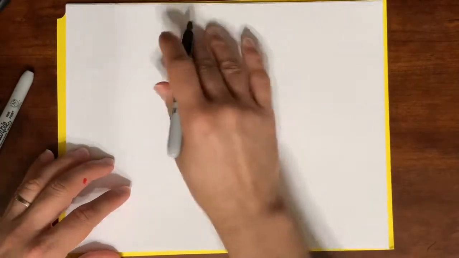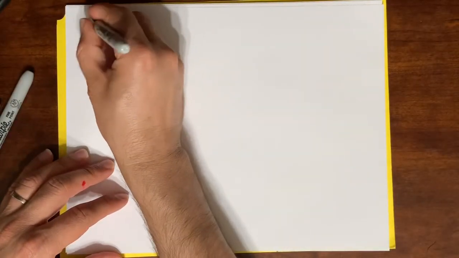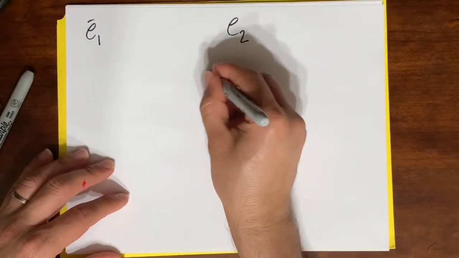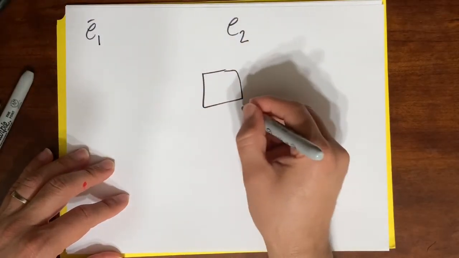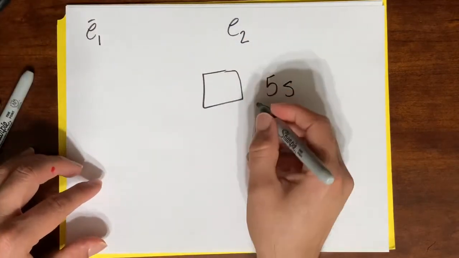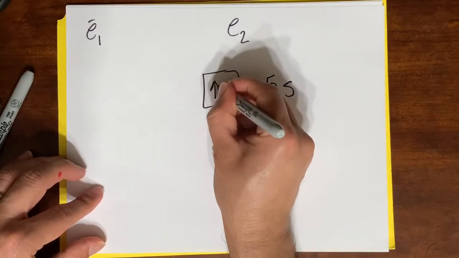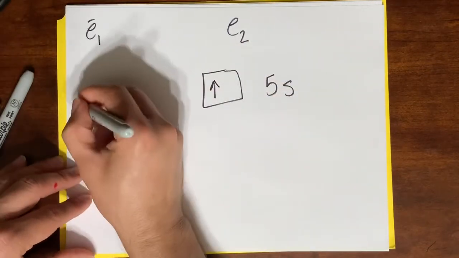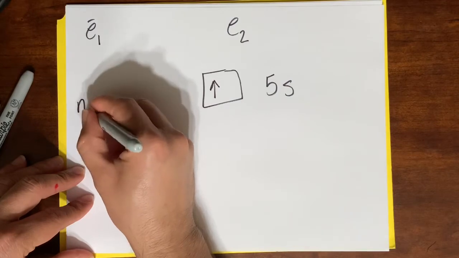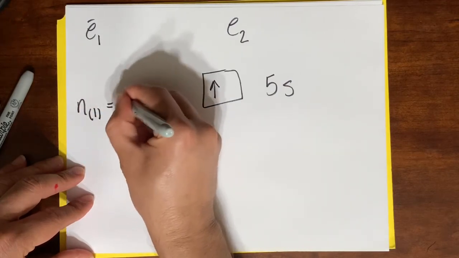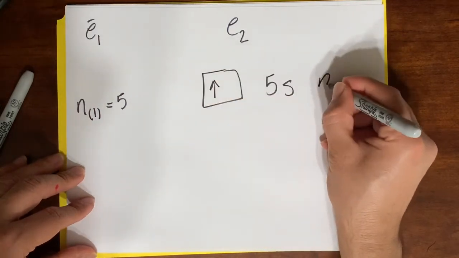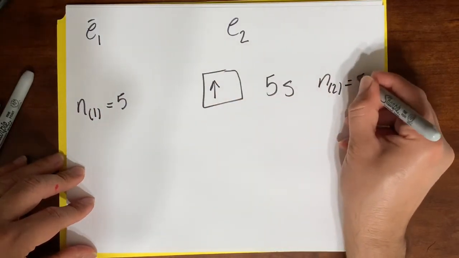Let's say you have 2 electrons, electron number 1 and electron number 2, and we have only one orbital, and that orbital is the 5s orbital. We put the first electron inside. For electron number 1, n will be 5, and for electron number 2, n will be 5.